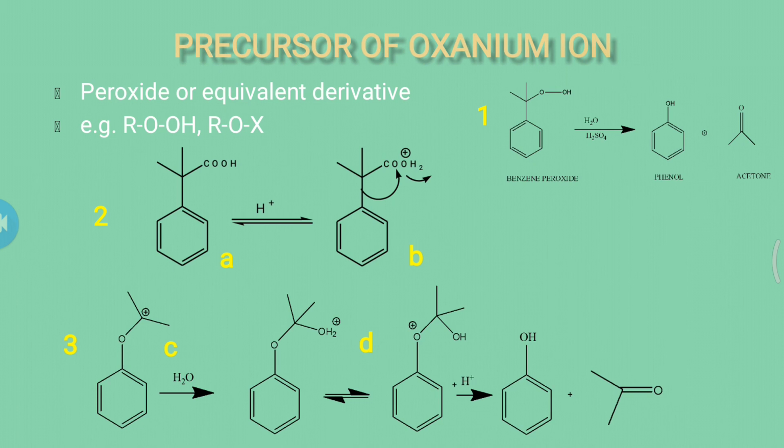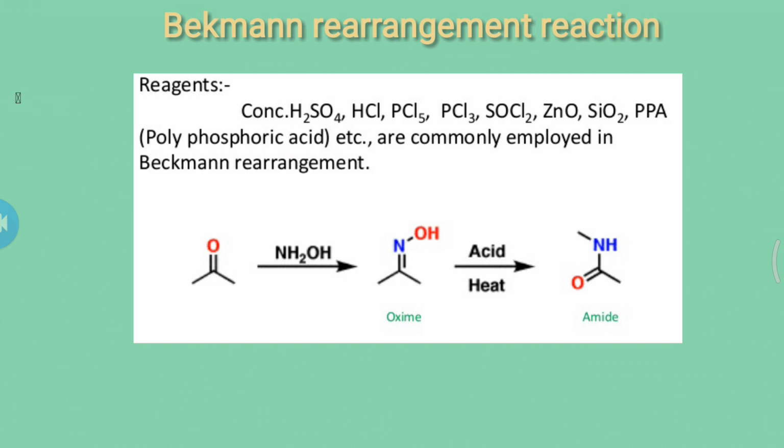Third, the oxonium ion reacts with water to form intermediate D, which then decomposes or rearranges to form phenol and ketone. This is an example of a rearrangement reaction.